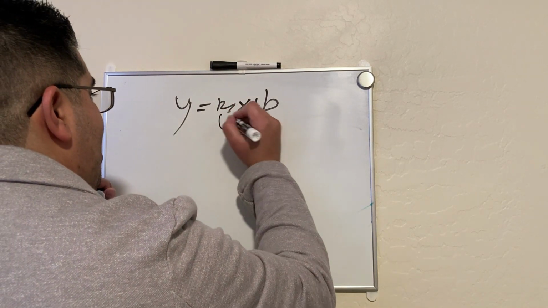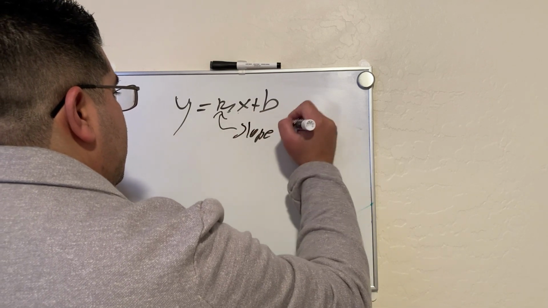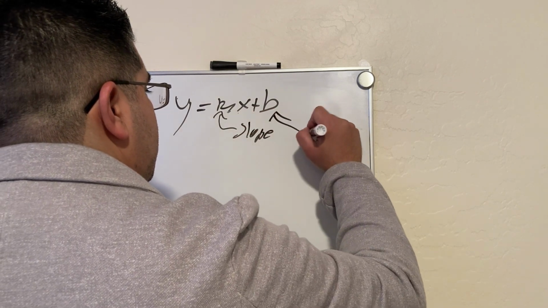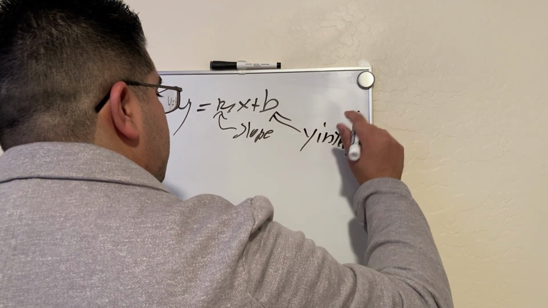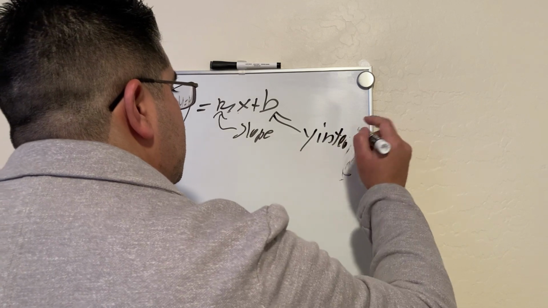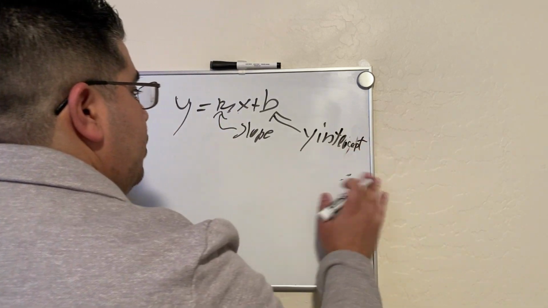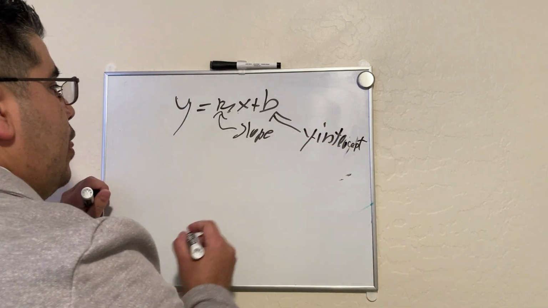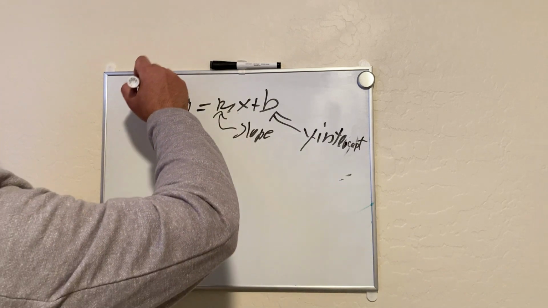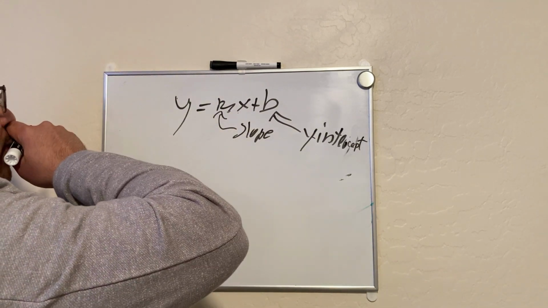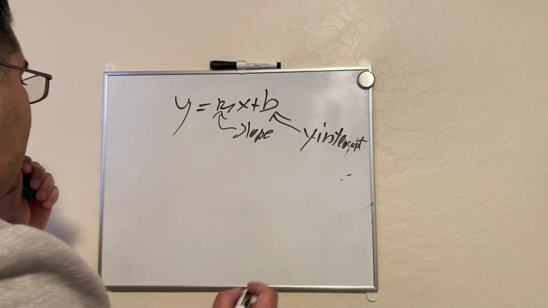Boom, slope. This one's the y-intercept. So that's the slope-intercept form.